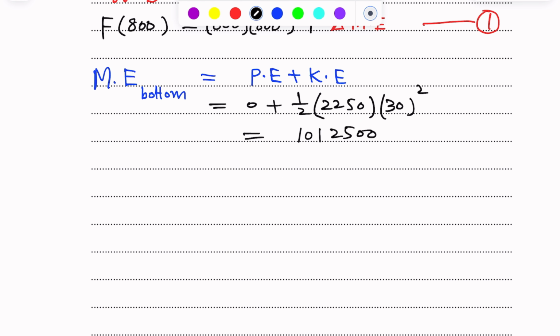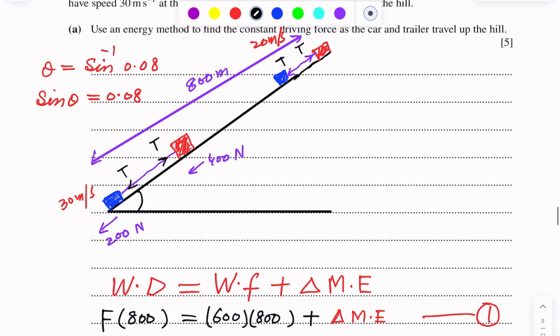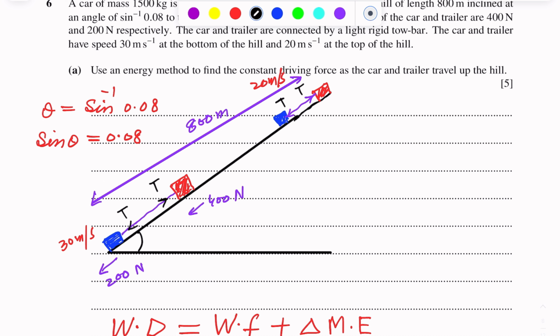In the same way, we will find the mechanical energy at the top. Again, potential energy plus kinetic energy. To find the potential energy, we have to find this height. Let this height be h.